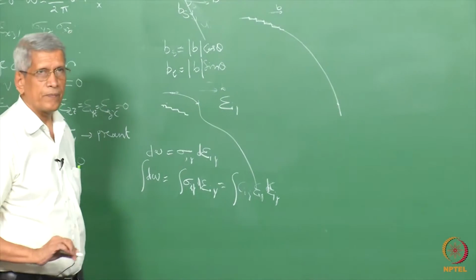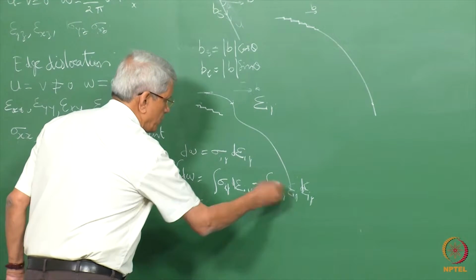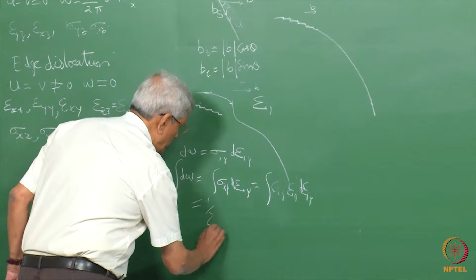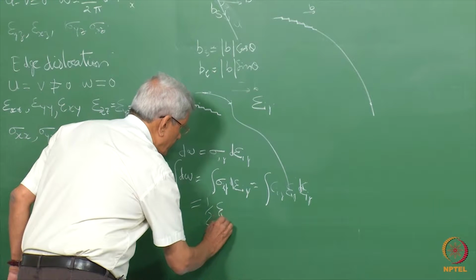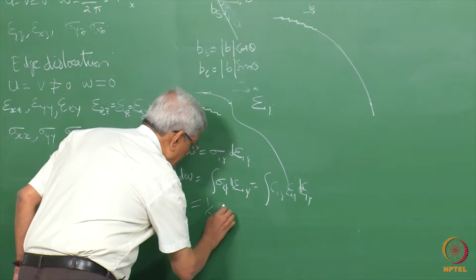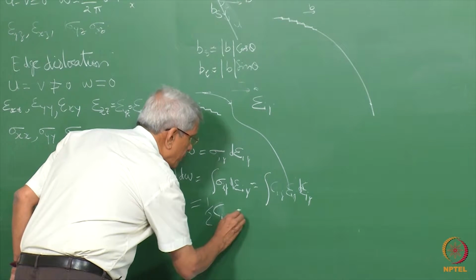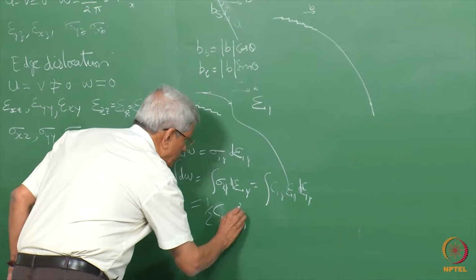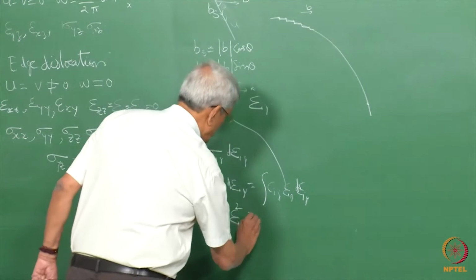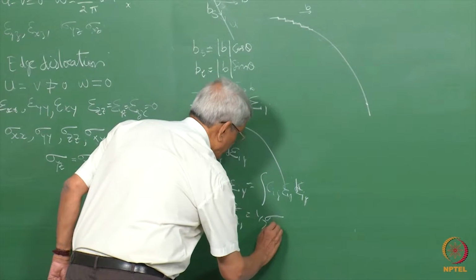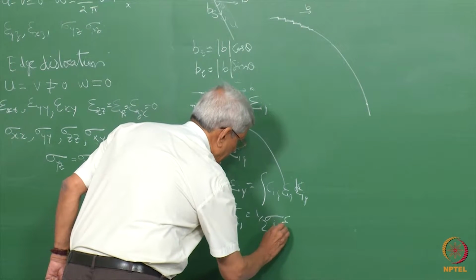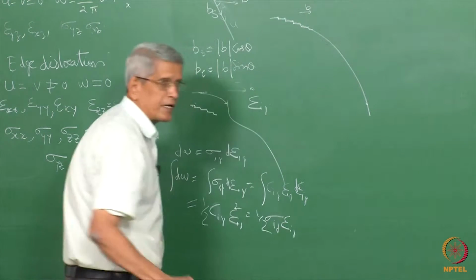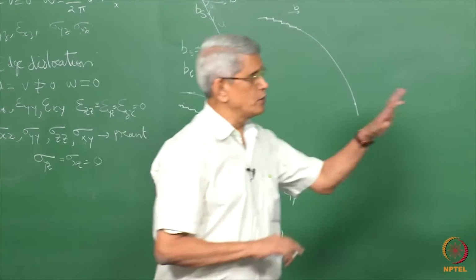This way we can write it. Finally it will turn out to be half Cij epsilon ij squared. This will be nothing but half sigma ij epsilon ij, correct?